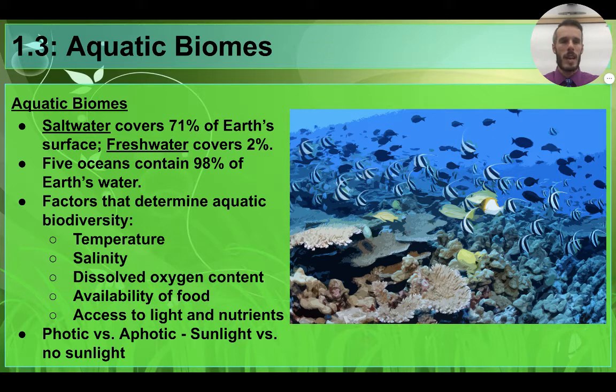So just like on land, there are some factors that will determine the biodiversity that occurs in water. So that includes temperature. Temperature is very important. So typically, just like on land, the warmer the temperatures, the more likely the ecosystem will be pretty biodiverse.